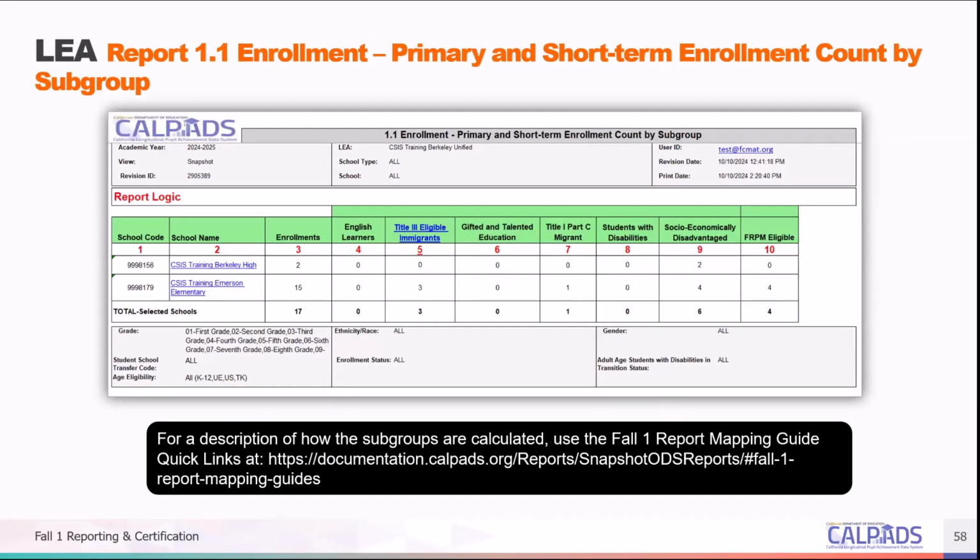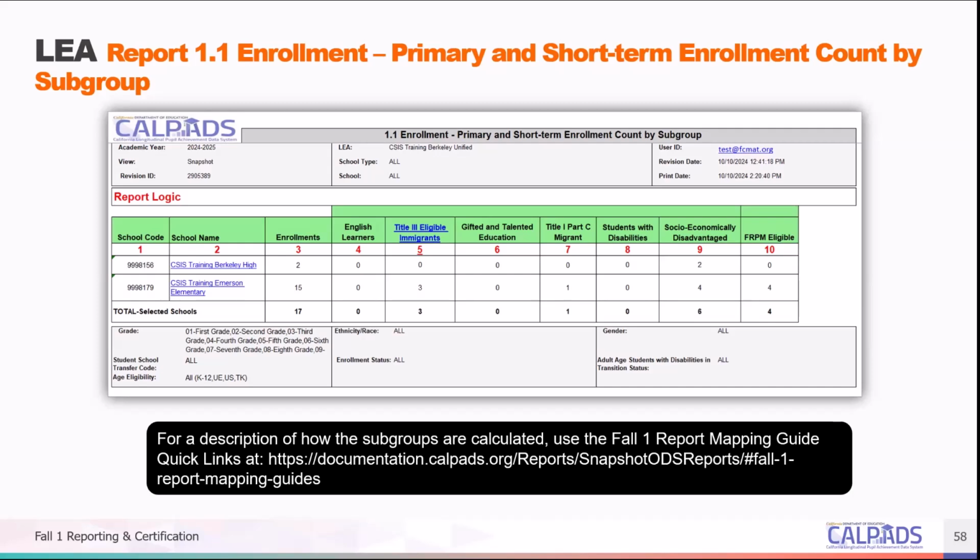So report 1.1, primary enrollment and short-term enrollment count by subgroup, is a key report because it's the only report that provides column 9, SED. This is a federal category. You won't find the SED subgroup in many other reports, and it's a bit unique from the other disadvantaged subgroup collections that we take, like LCFF or the CTE disadvantaged subgroup in end of year.